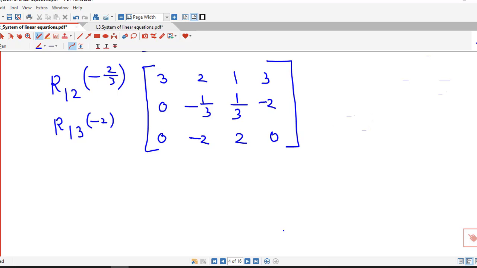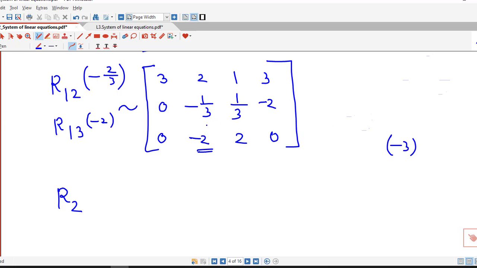So now in the next step we require a 0 here. So for that we multiply second row by minus 3, so that we will obtain 1.